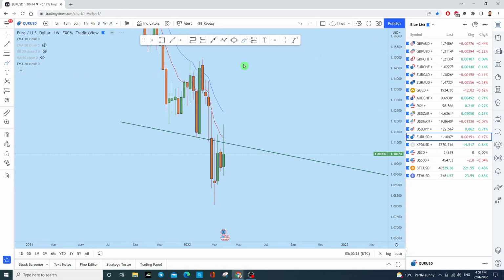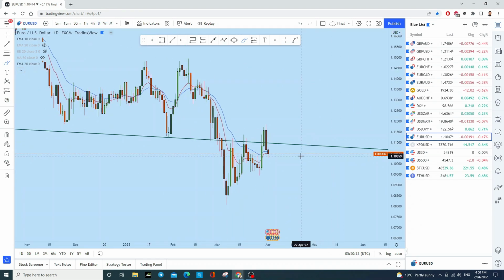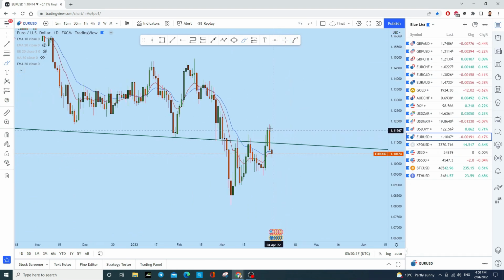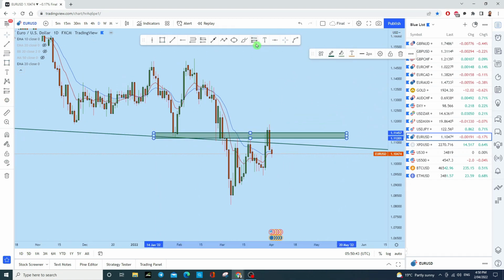So let's see on the daily time frame. Now on the daily we saw that there is a very, very strong bearish engulfer, this red candle, followed by a narrow doji on EUR/USD, and this bearish engulfer basically penetrated this very strong level of support and resistance.